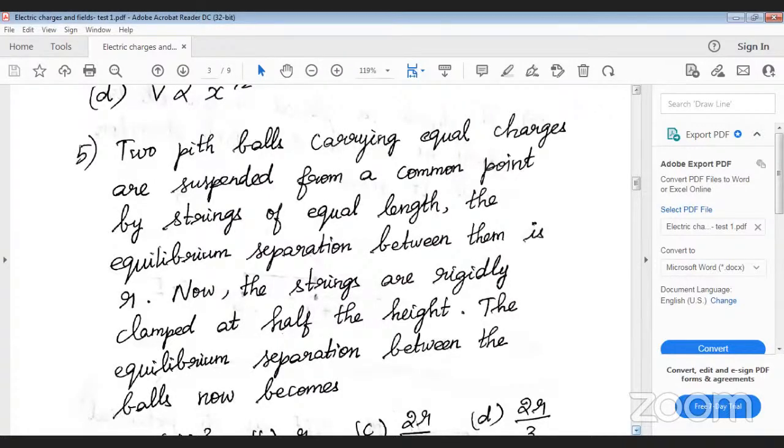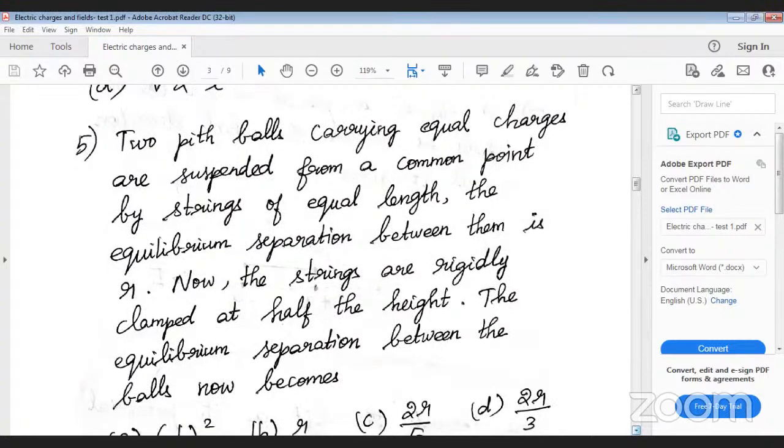Two pith balls carrying equal charges are suspended from a common point by strings of equal length. The equilibrium separation between them is r. Now the strings are rigidly clamped at half the height. The equilibrium separation between the balls now becomes what?